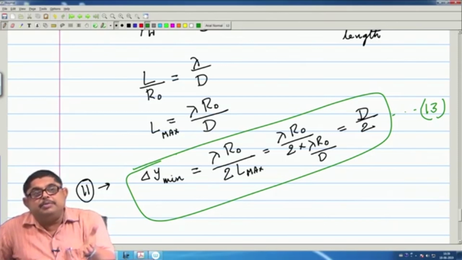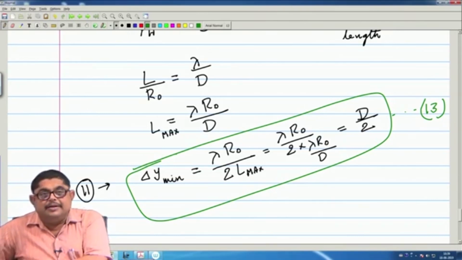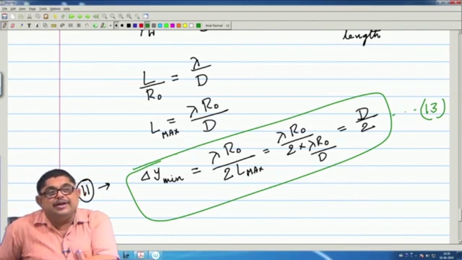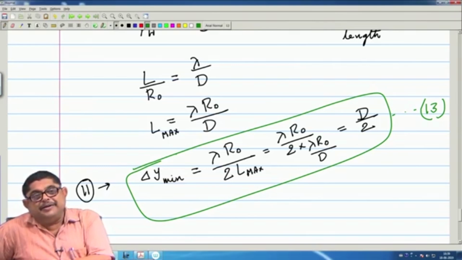So, if you have a 1 meter dish, you cannot have a cross range resolution better than 50 centimeter. You cannot have everything.